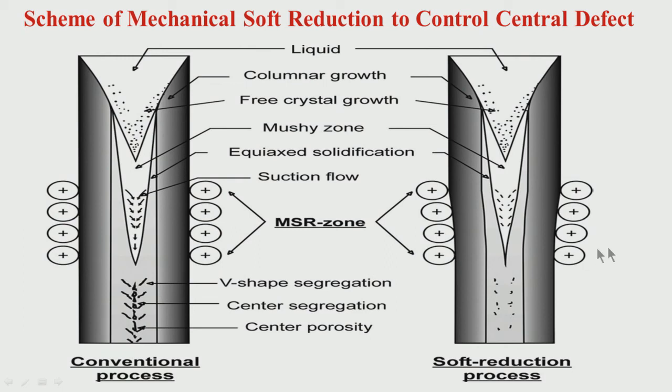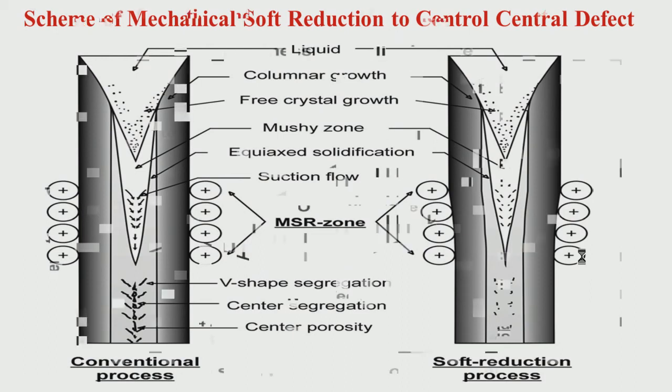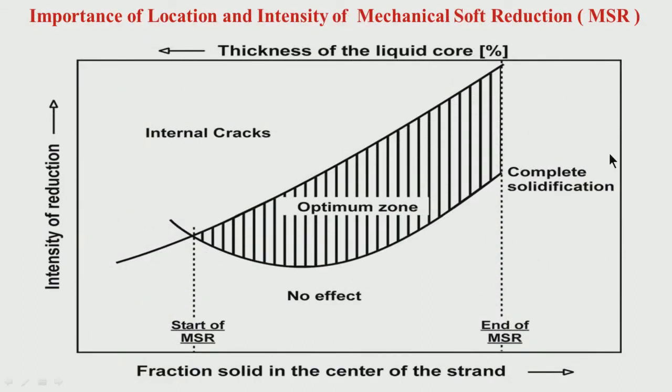So the intensity is coming to an end at this point. Slowly it is increasing from here, and then it is coming to an end. This is what has been shown here. The level of intensity is increasing and then finally coming to an end when the solidification is complete. Beyond that you do not put any mechanical soft reduction.